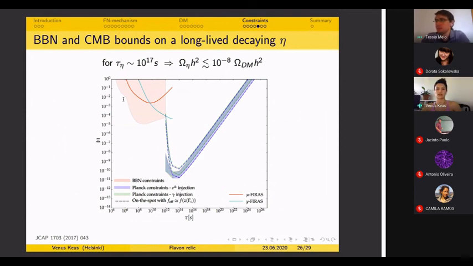From the BBN, again, you've got a particle that is shooting electromagnetic energy, or energetic photons, into the Standard Model path, and we have a very good understanding of what happened during Big Bang nucleosynthesis.